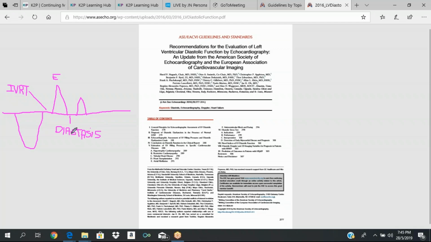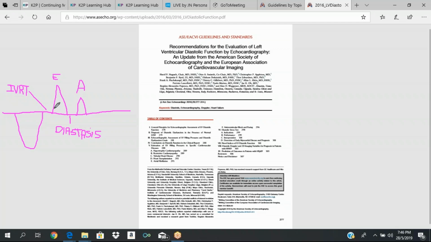Okay, so diastasis, equalization of pressure in the left atrium and left ventricle, so there's no flow. And then the atrium contracts, and you get an additional amount of blood pumped into the left ventricle.